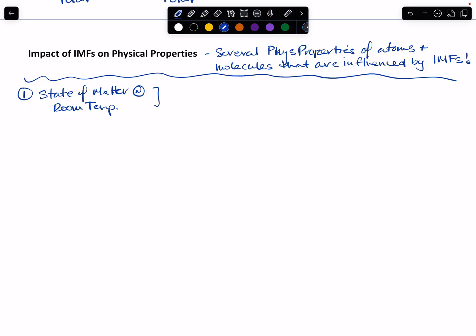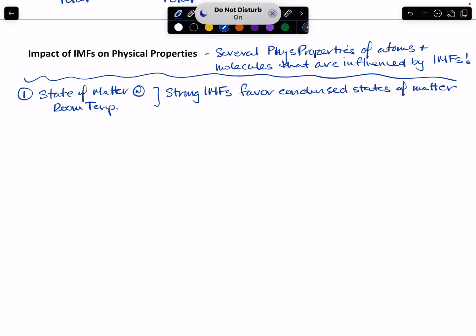But generally speaking, strong IMFs, which stands in for intermolecular force, favor condensed states of matter. So something that has really strong intermolecular forces, say an ion-ion interaction, likes to be a solid at room temperature, which is why sodium chloride is a solid at room temperature versus a liquid versus a gas.